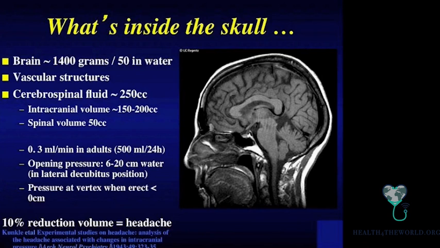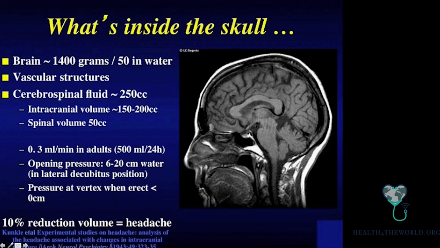There are vascular structures, there's arteries, there's veins, and there's cerebral spinal fluid that bathes the brain and the spinal cord. There's about 250 cc's in the brain and spinal canal. In the spinal canal, 50 to 75 cc's, intracranially 150 or so to 200 cc's.